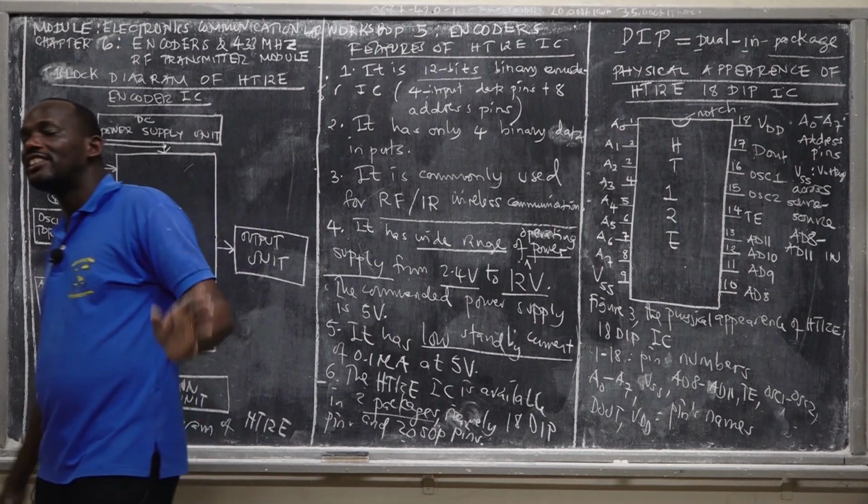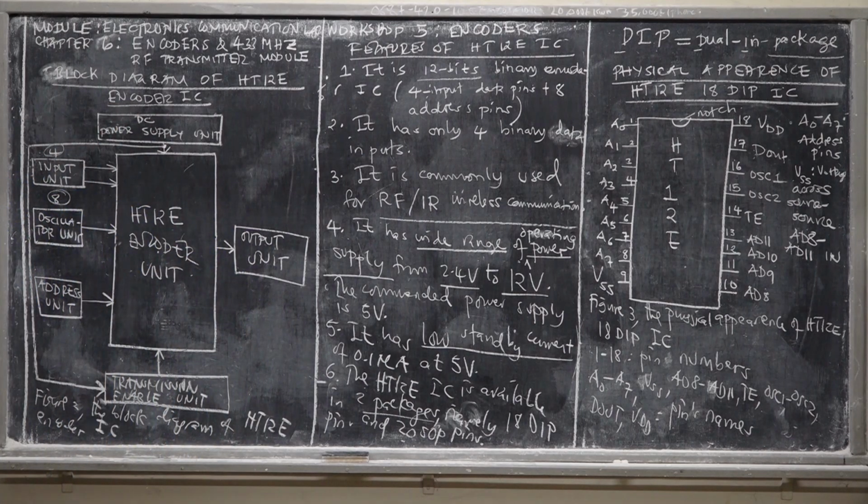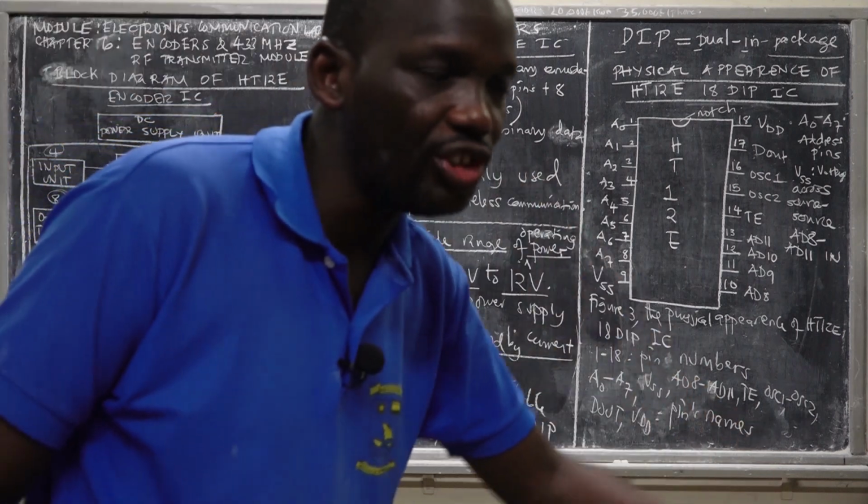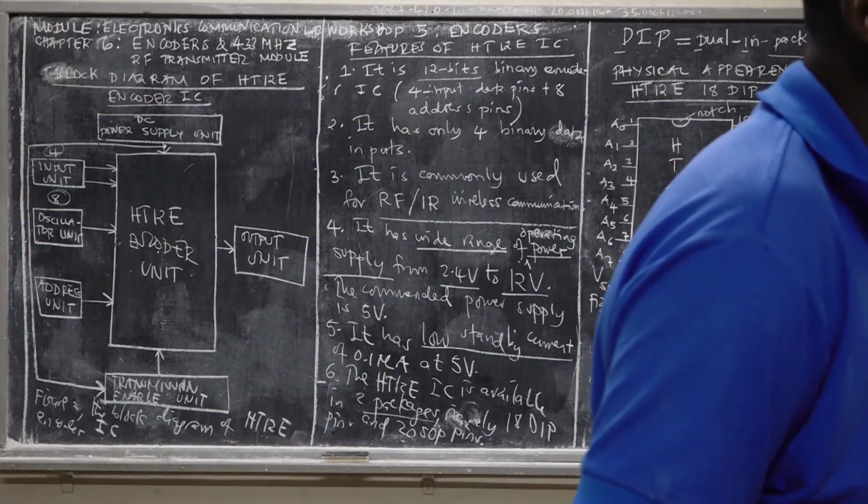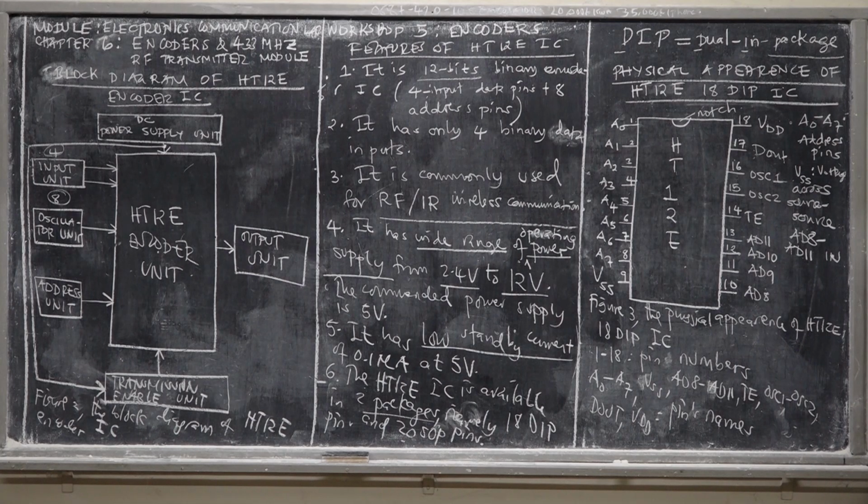So that pin is where we are going to receive our binary coded information that we discussed in the definitions of encoder. The output of the encoder is binary coded information. For this encoder, at that pin, we are going to get a series of binary coded information.